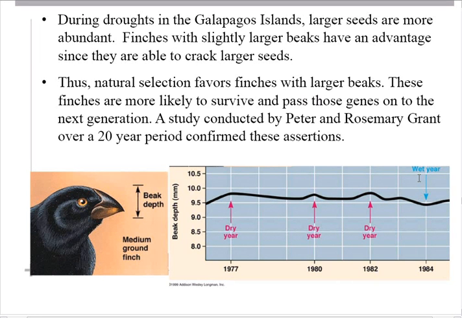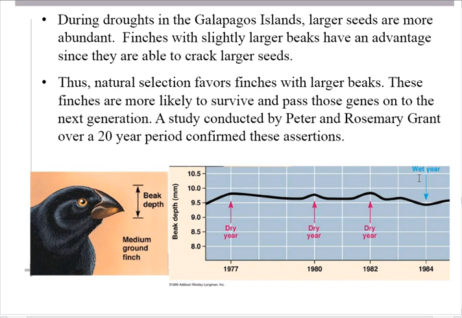And normally even the large-beaked birds will eat smaller, softer seeds because they're simply easier to eat. But when the smaller, soft seeds are not available, they can still survive by eating the large seeds, whereas the birds with smaller beaks can't make it. They simply die out. They're not very successful because there's not any food left for them.